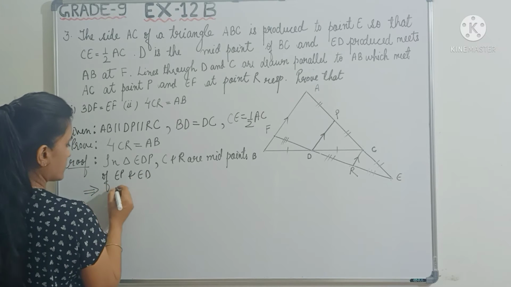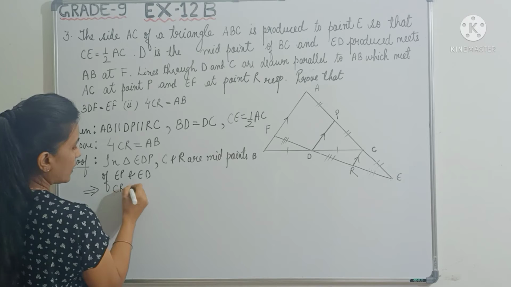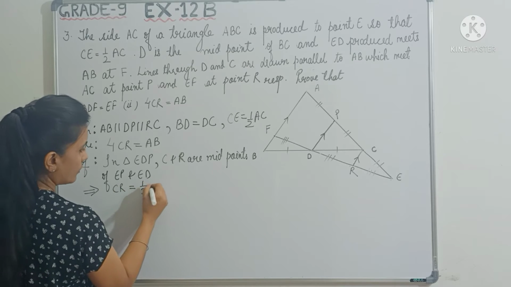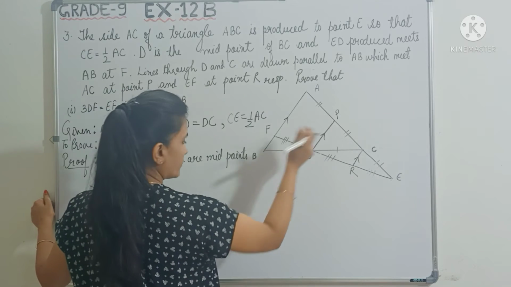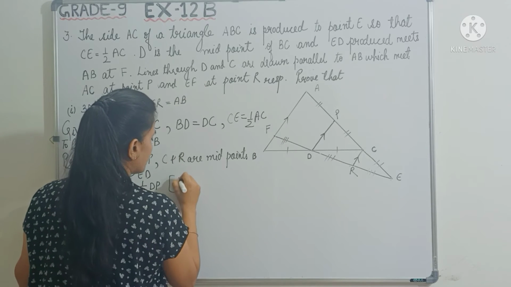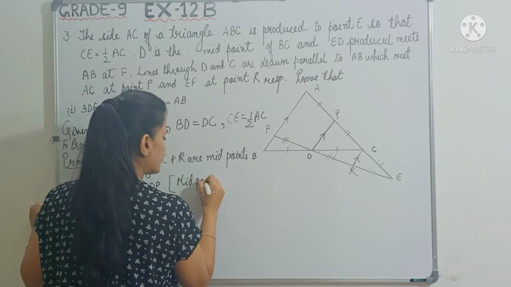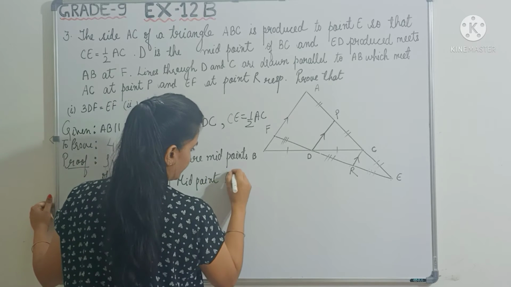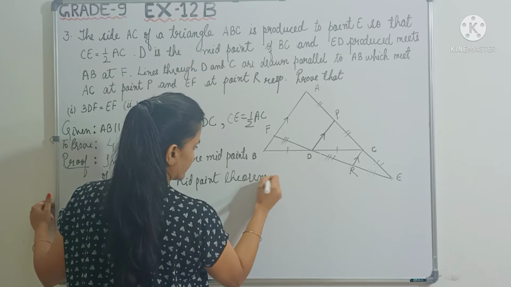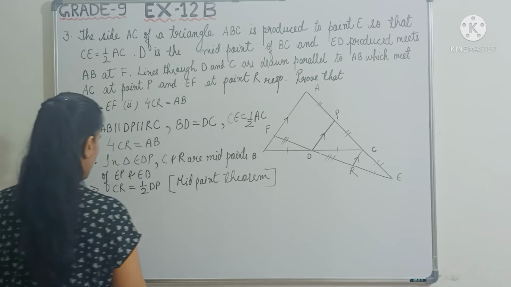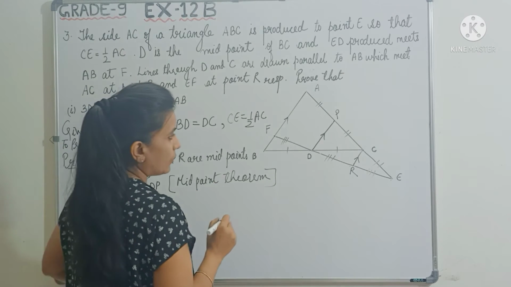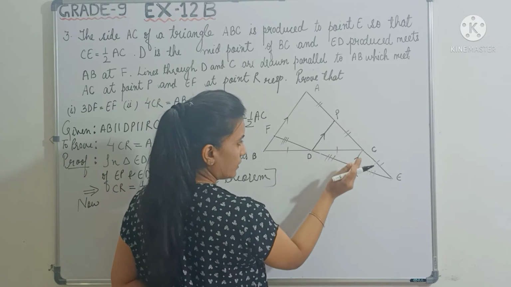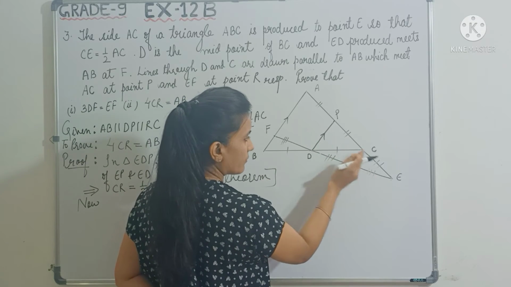This implies CR will be equal to half of DP. Okay, CR will be equal to half of DP. This is from midpoint theorem. Now we got a relationship between CR and DP.